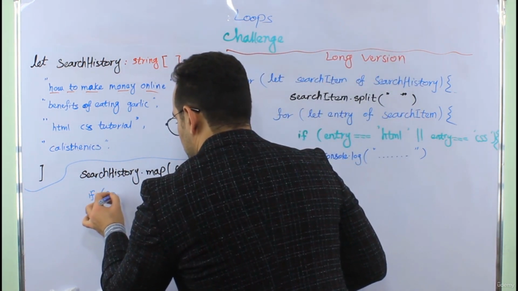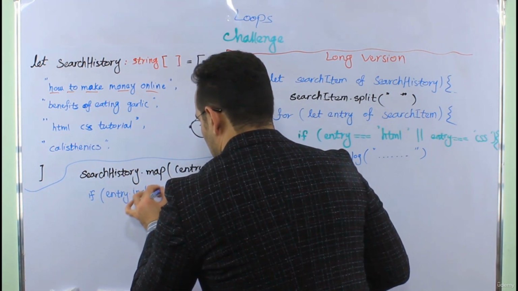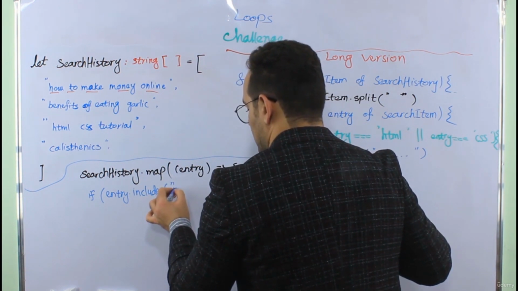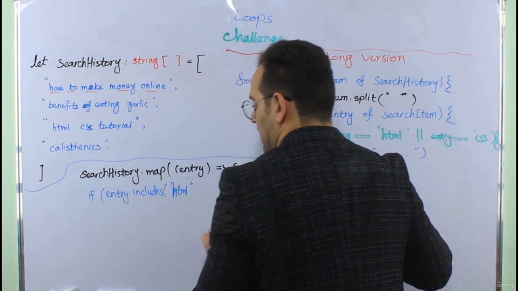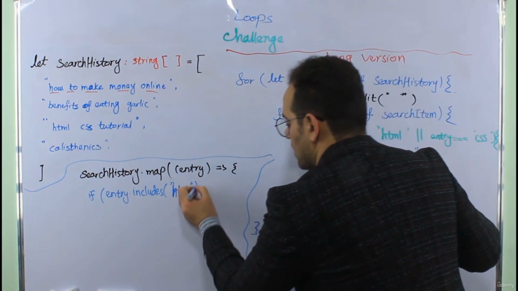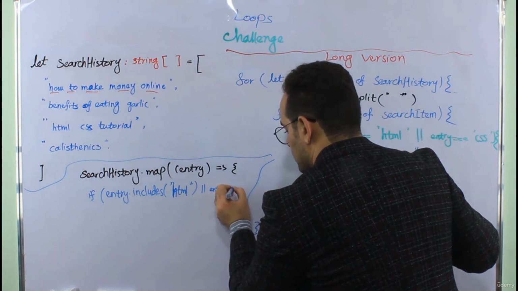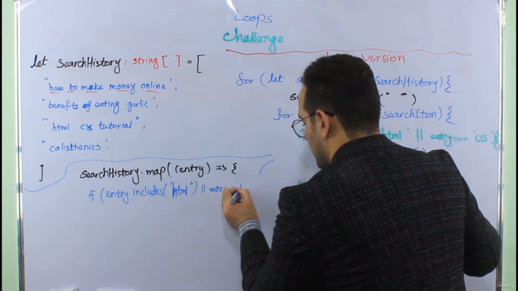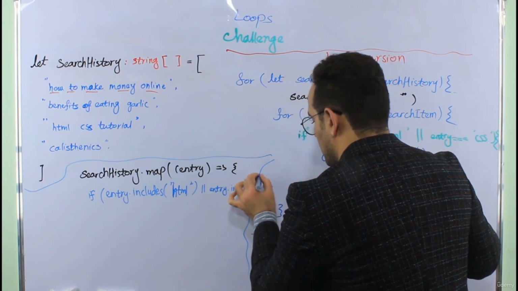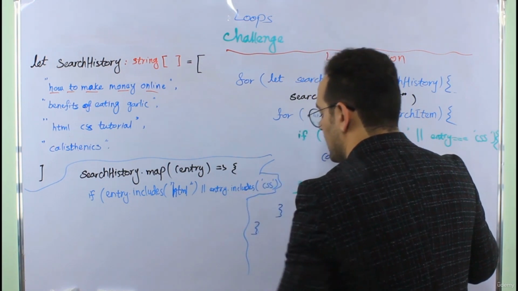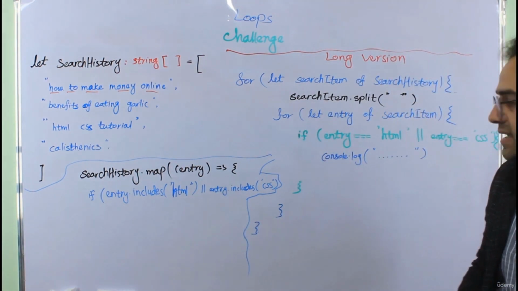So if entry dot includes HTML, or entry dot includes CSS, and it closes off there. If entry includes these two, then we are going to basically print our message.